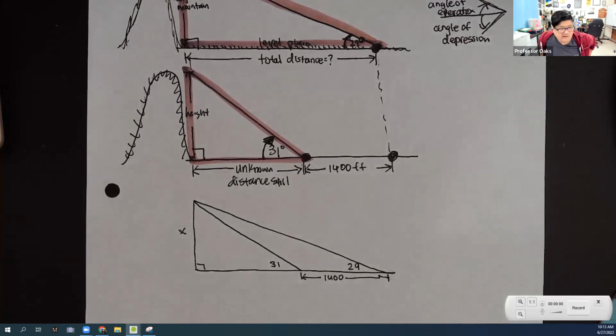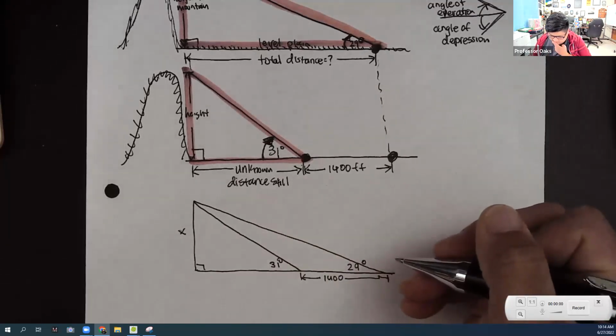And that's where it can be tricky to interpret what this is saying.